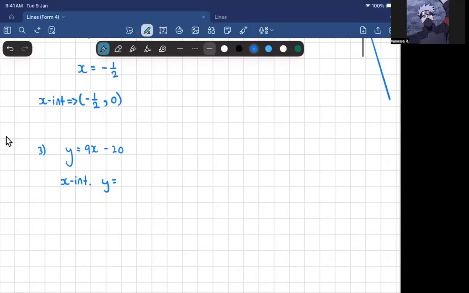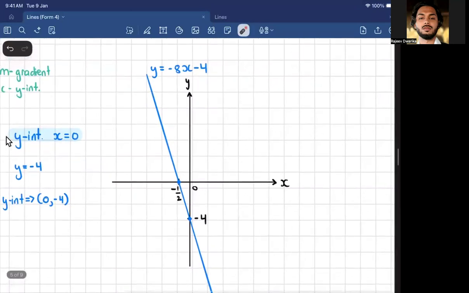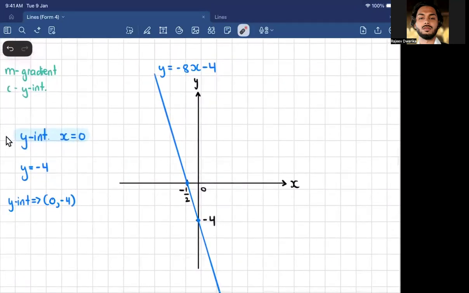Negative 20. Nah. Let me show you something. In this previous graph, where did the line cut the x-axis? Negative a half. Okay, at negative a half, what do you think the y value is?